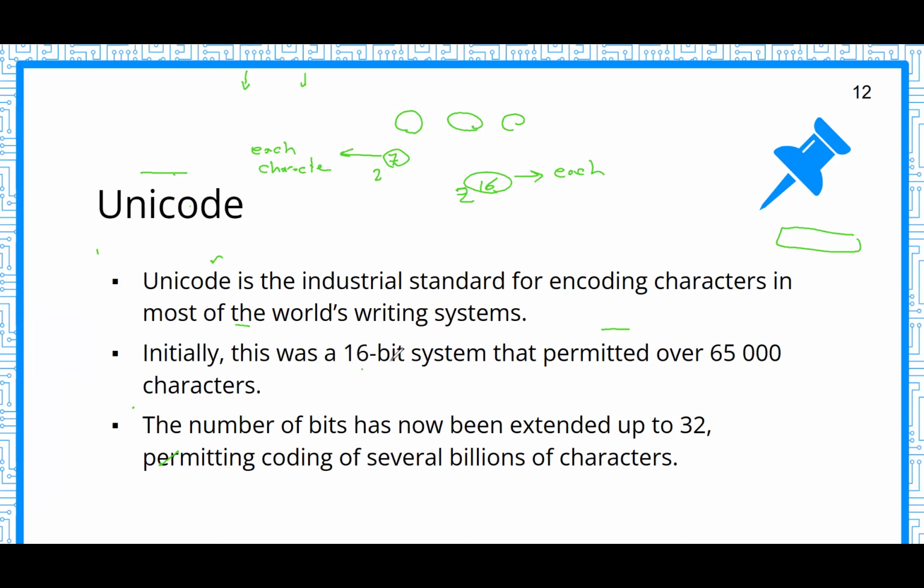So it means that you can have billions of different characters allowed, which also means that you are able to represent non-English alphabets inside Unicode. So Unicode is also a table that is able to store characters in the computer.